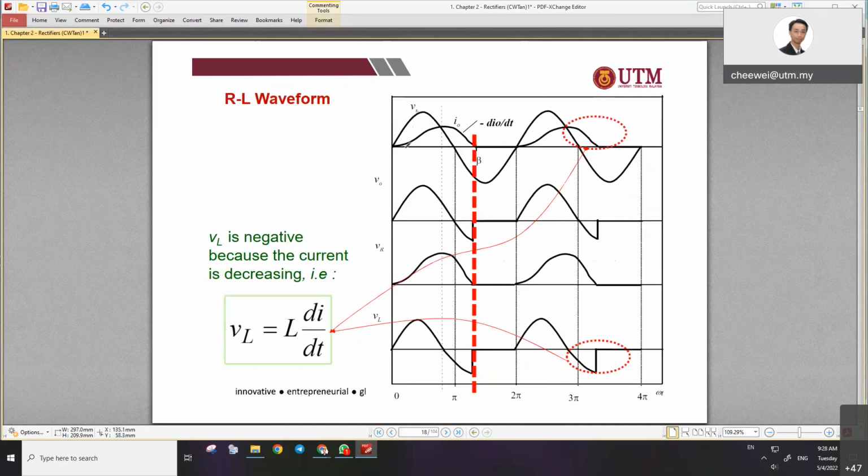We'll start with the first diagram on the top there. This is the input, as usual, a sine wave. You see that the current is going up a hill until the peak, and then it goes down. If you compare the phase, it's out of phase from the input.